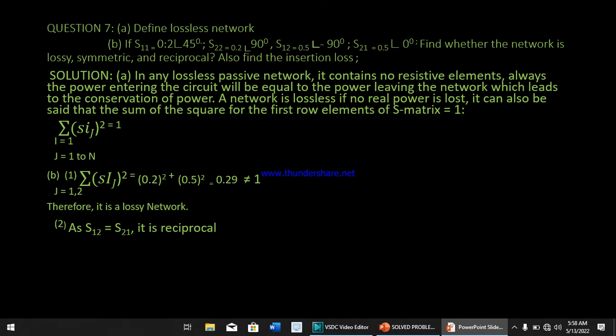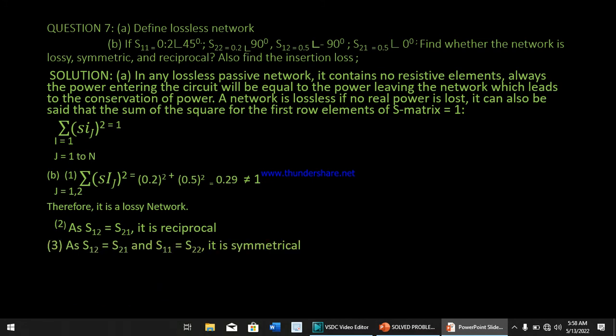That means there won't be any difference. So here we have S12 equal to S21 with a value of 0.5. S12 is 0.5, S21 is 0.5. That means the network is reciprocal.